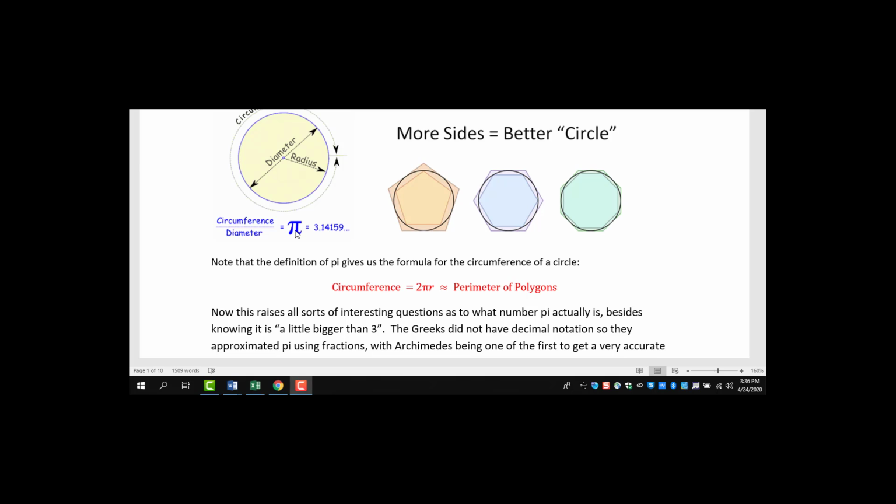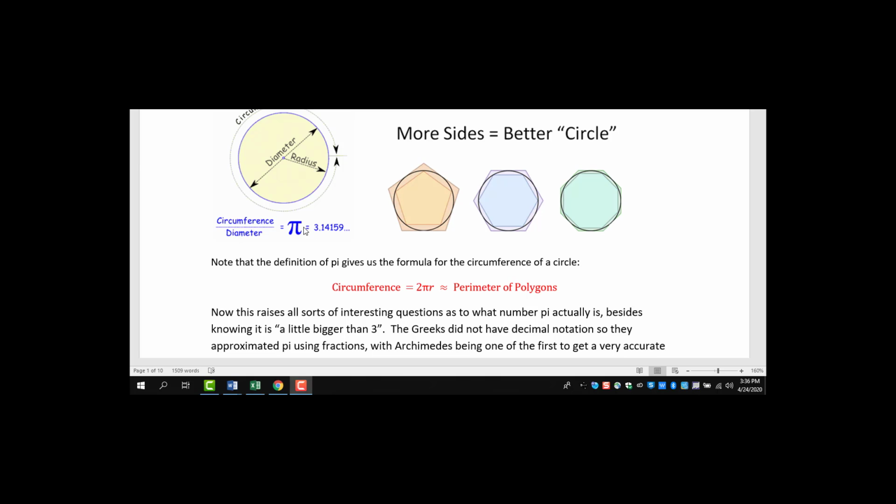So this definition of pi, the circumference divided by the diameter equals pi, gives us a formula for the circumference, which is 2 pi r. How does it do that? Well, look, here's the equation here. Multiply both sides by the diameter, and the diameter will cancel over here.